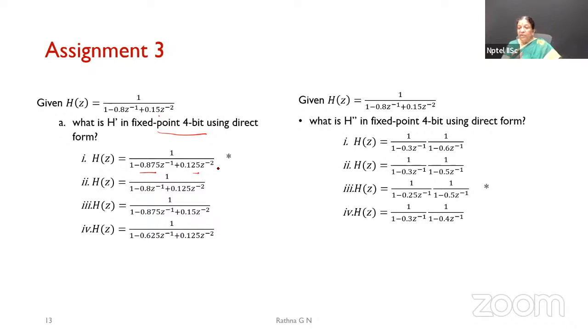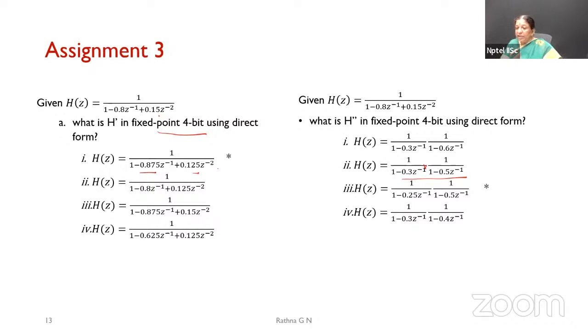And coming to the second order, using the system, how I can represent this H double dash. So I can split this into 0.3 and then 0.5. And then I can represent it in a parallel fashion, sorry, cascaded form.